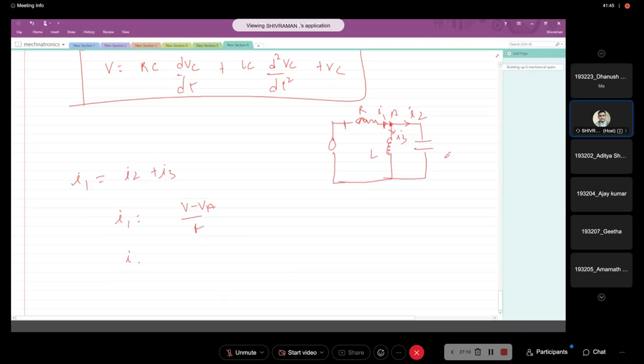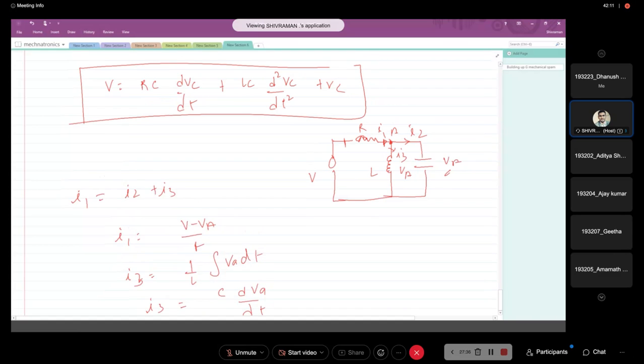Then also your I2 will be 1 by L integral of VA dt. Likewise, see here you have VA, as these are in parallel, so the potential difference will be the same.